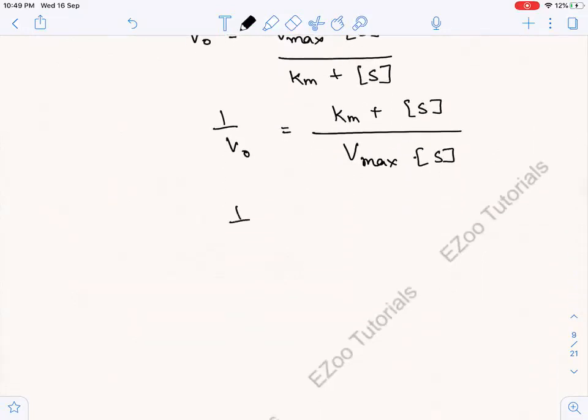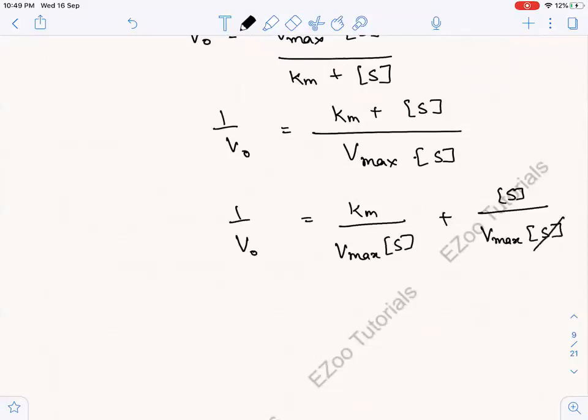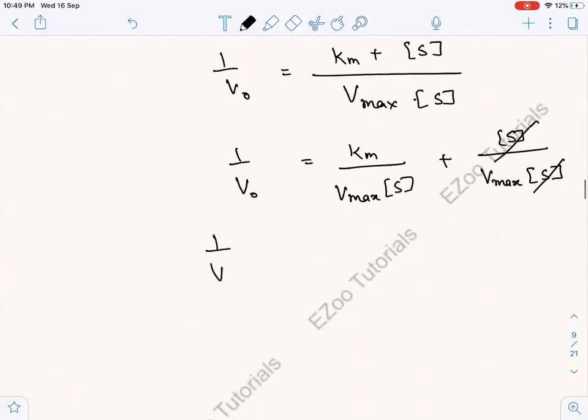Okay? So 1 upon v naught is equal to Km upon V max into 1 upon s plus 1 upon V max. Just another way I'm writing this.